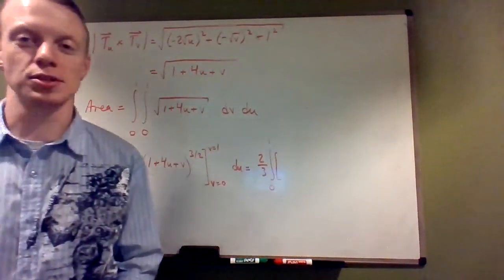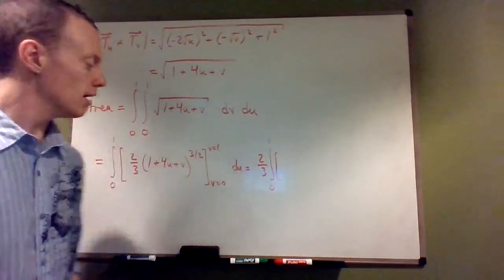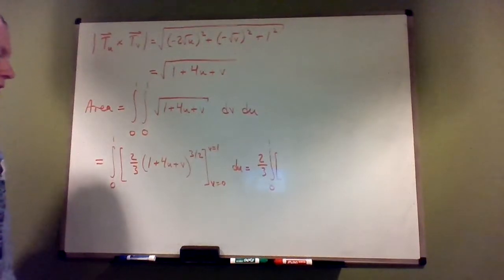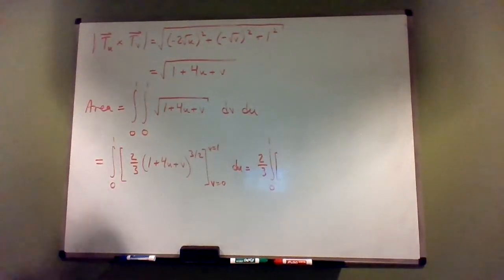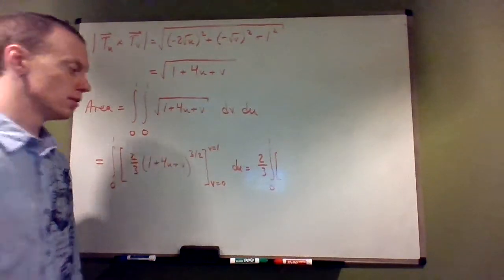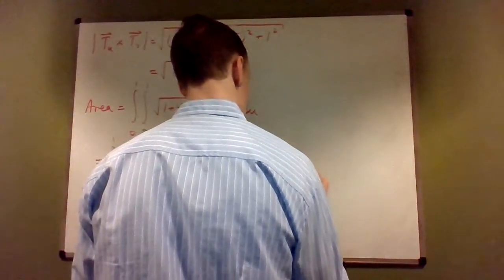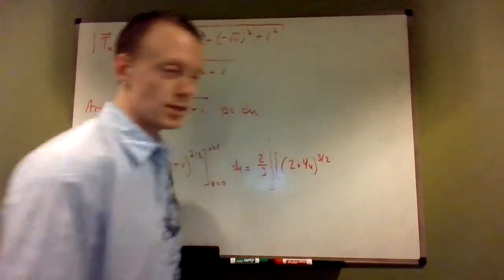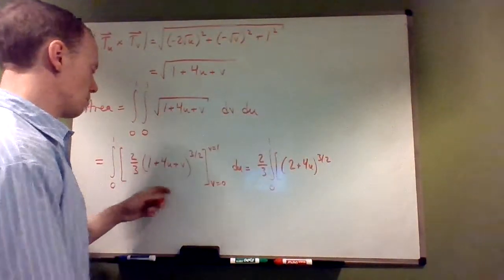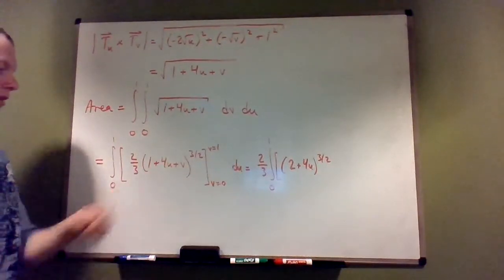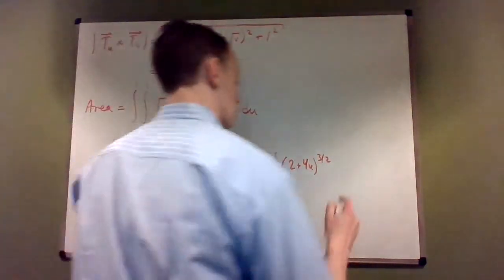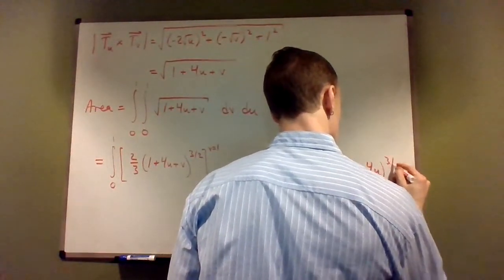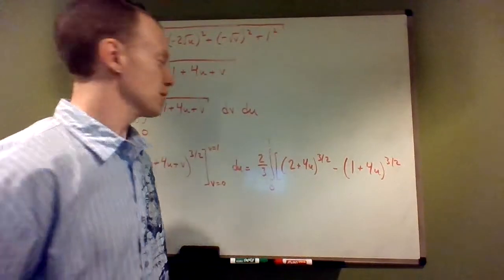I can pull the 2/3 out of my fraction and substitute in my top bound first. That is going to give me a 2 plus 4u raised to the power 3/2 minus, when I plug in 0, I get 1 plus 4u raised to the power 3/2.